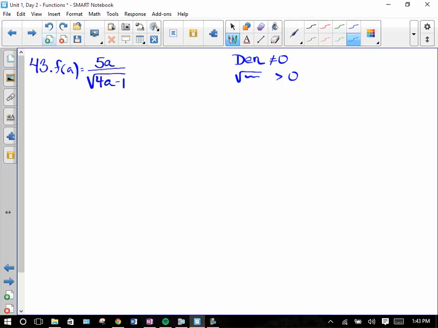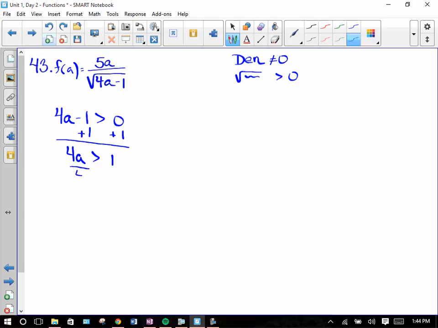We know that this part underneath the square root has to be greater than 0. Okay, so how do I solve this? Well, it's like solving a multi-step equation. I'm going to add 1. I get 4A is greater than 1.